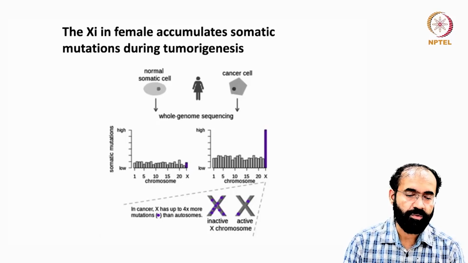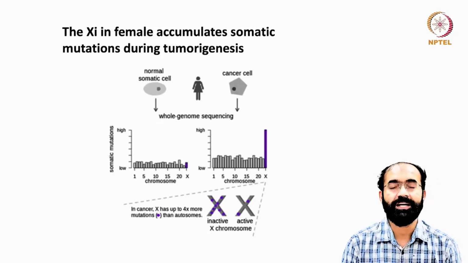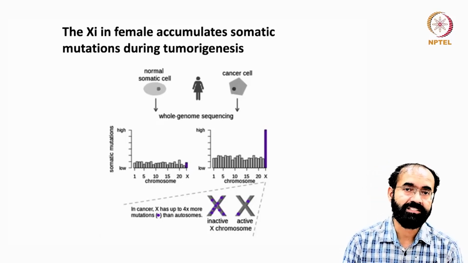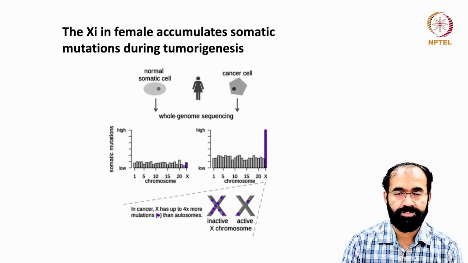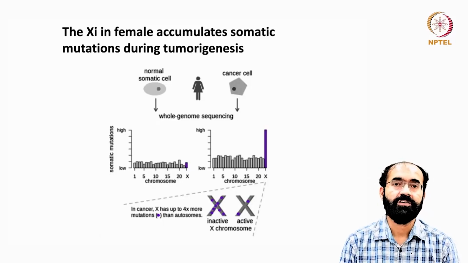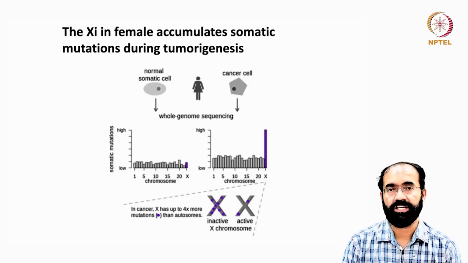So in this graph you have somatic mutations. What are somatic mutations? Mutations occurring in a housekeeping gene, or a gene responsible for the normal day-to-day functioning of the organism.